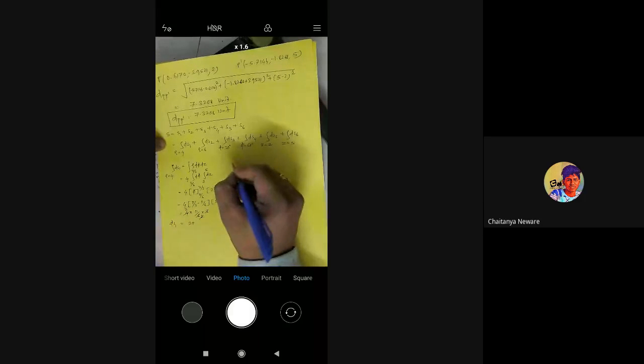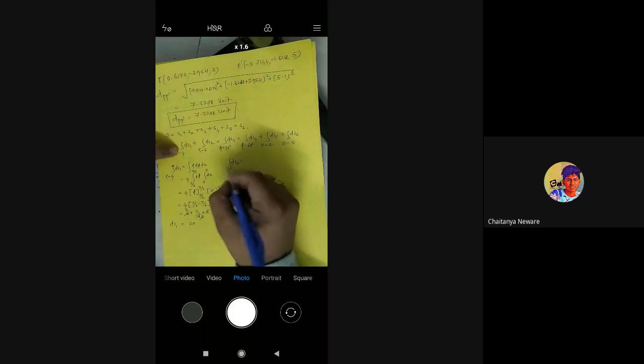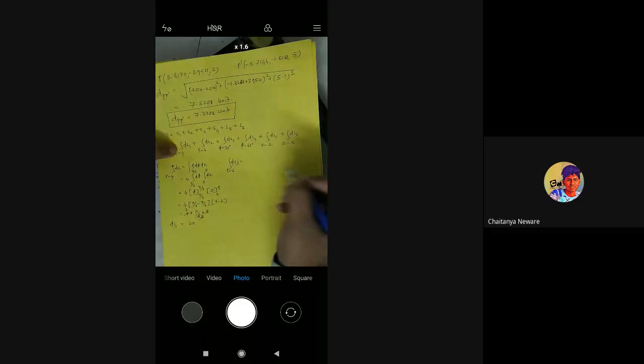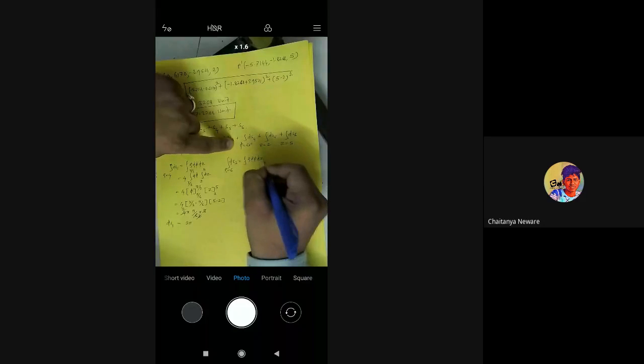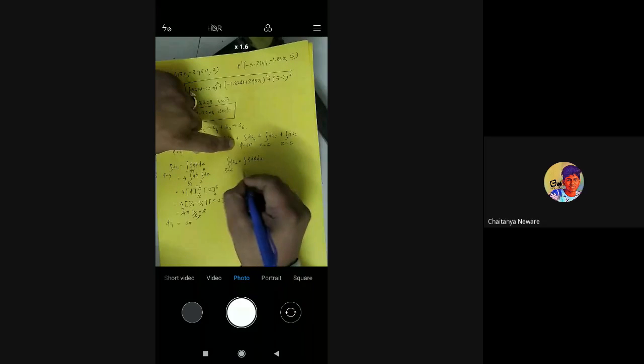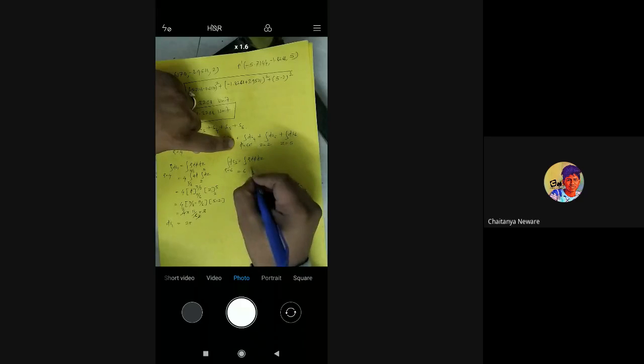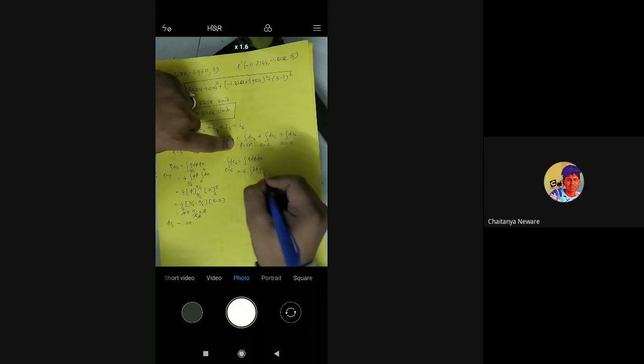Now we have to calculate dS2. The integration of dS2 at rho equal to 6 is again rho d phi dz. Here we put the value of rho, which is 6, then integrate d phi and integrate dz.